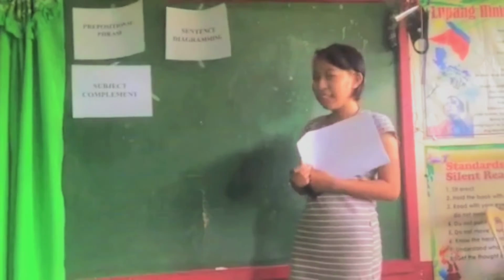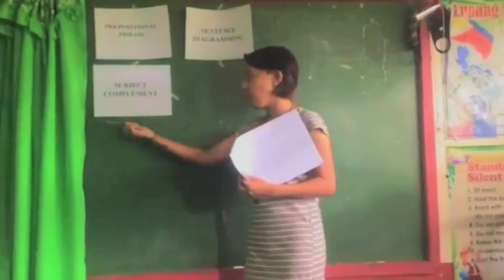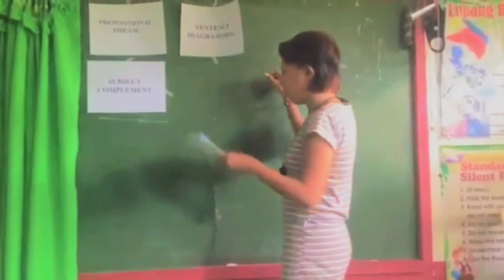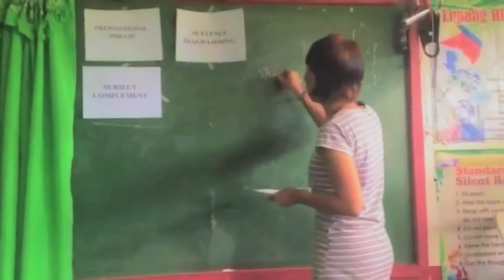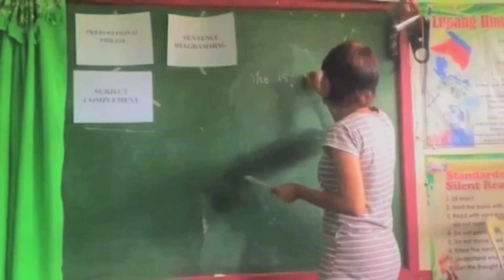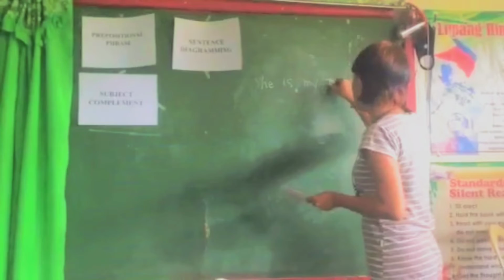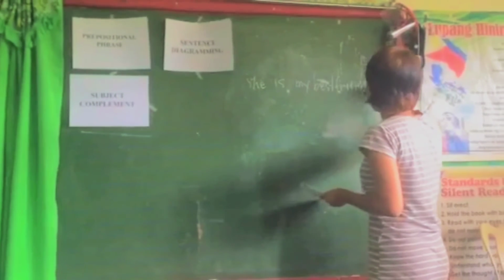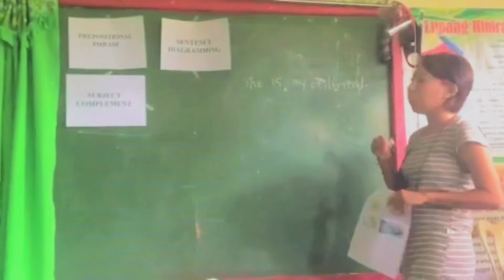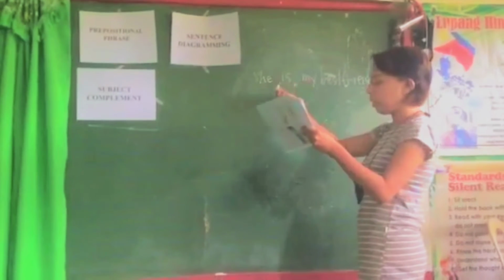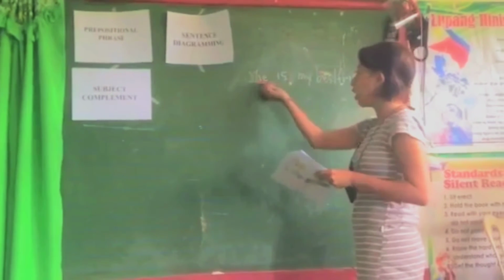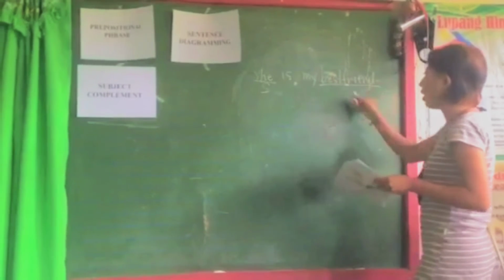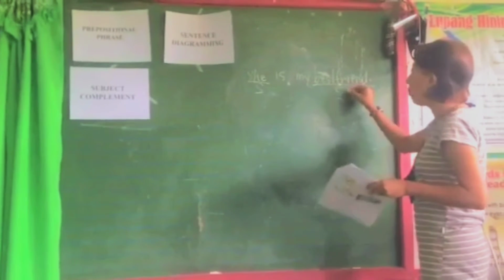Now let us proceed to the next topic, which is the subject complement. Okay, let's have an example. For example, she is my best friend. She is my best friend is an example of a subject complement, in which she is our subject and best friend is our subject complement.